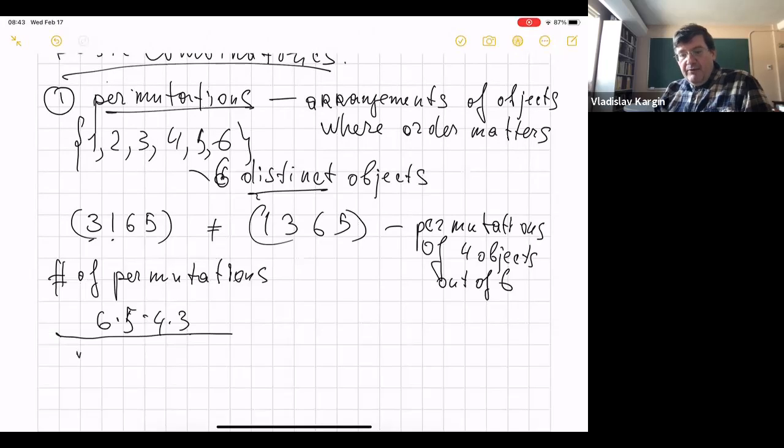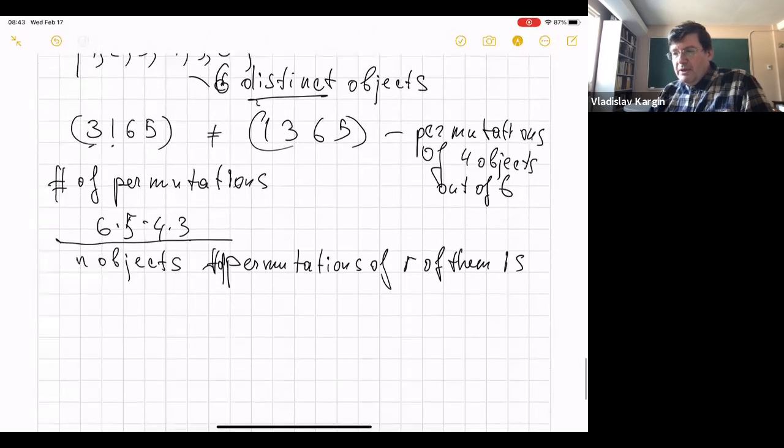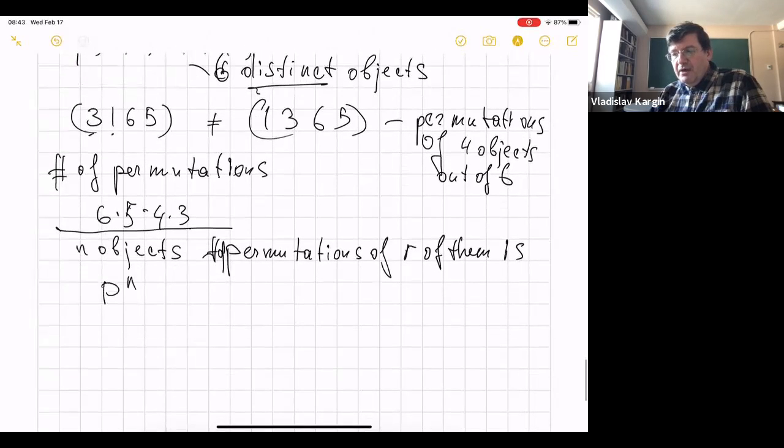In general, if there are n objects, then the number of permutations of r of them is denoted P(n, r), and it is equal to n multiplied by n minus 1, and so on, down to n minus r plus 1.